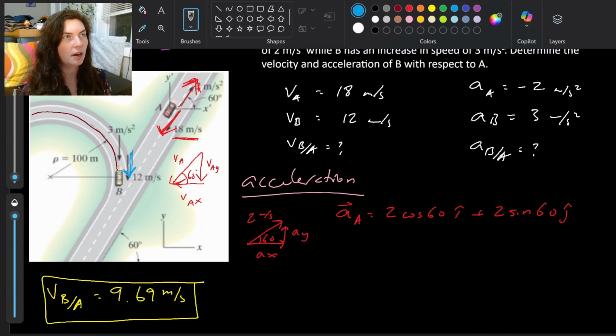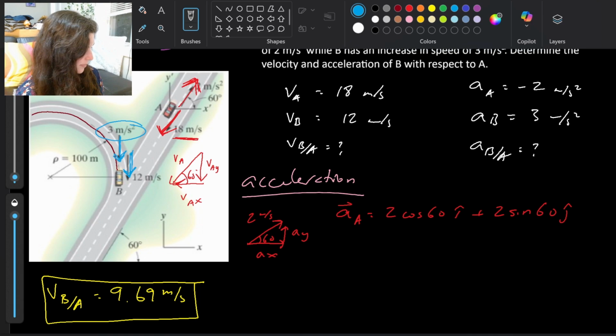So let's take a look at our yellow car again. 3 meters per second squared, and that is in the negative y direction as well. But it's very important that we note this 3 meters per second squared is not just the y direction. This car is coming off of a curve. It's going through curvilinear motion, where this 3 meters per second squared that was given to us is actually our acceleration in the tangential direction.